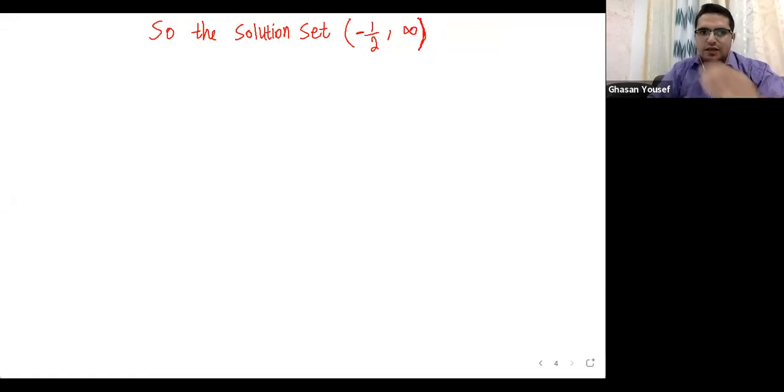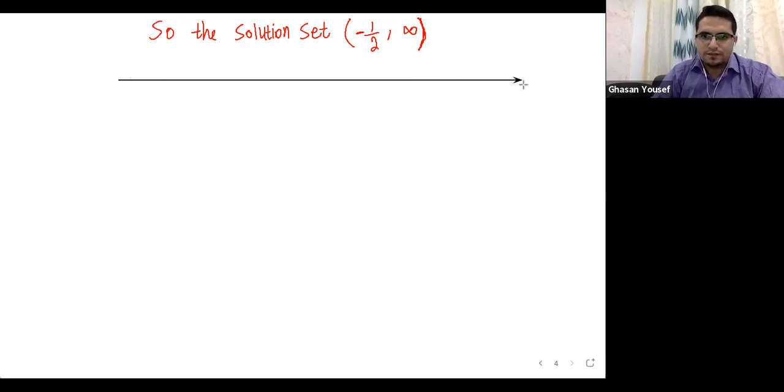Now, to sketch the solution, we have to draw the real line like this, and put the point minus 1/2 on this line with an open circle. Why open circle?